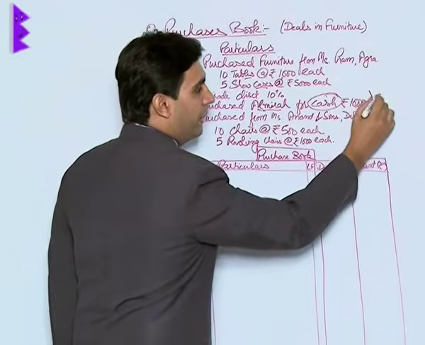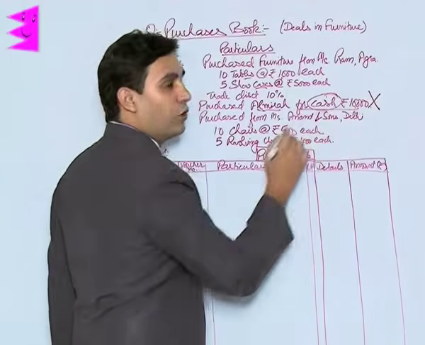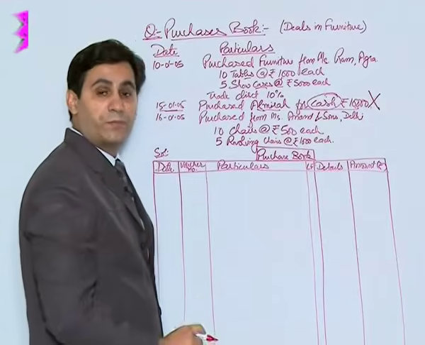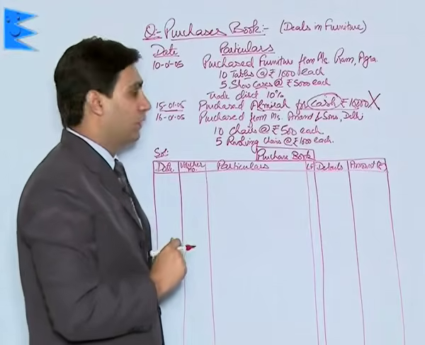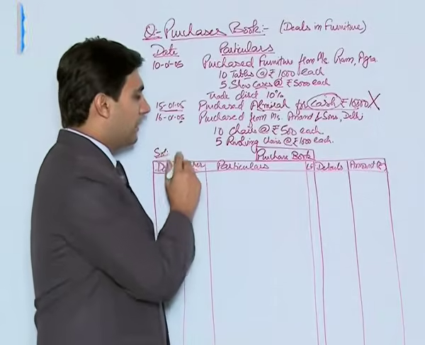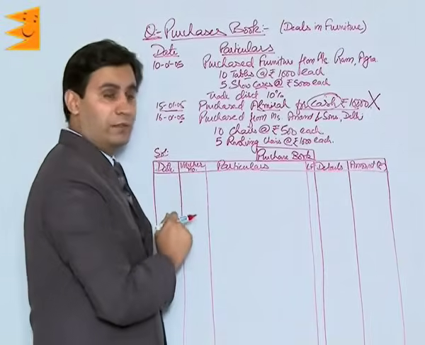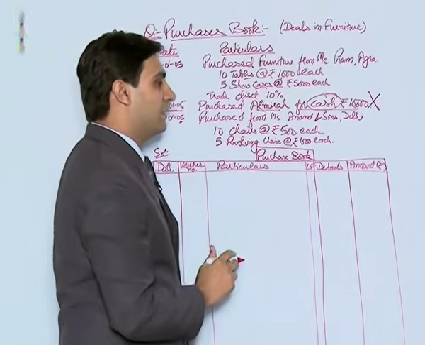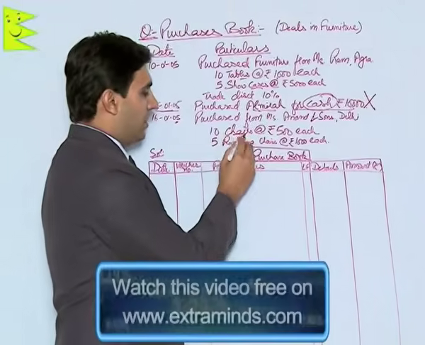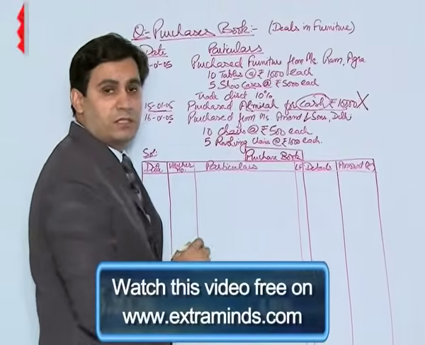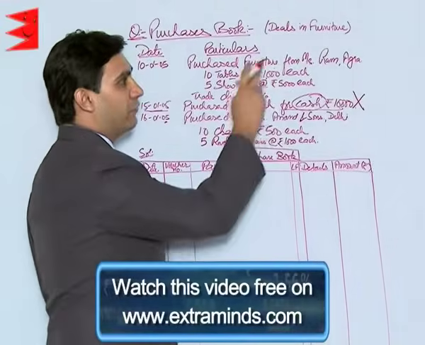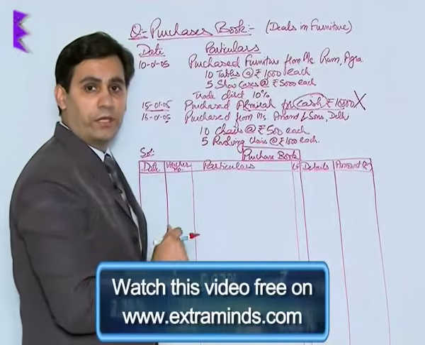So this particular entry will cross out, it will not be recorded in the purchase book. It will go to cash book. Coming to the last date, that is on 16th of January, purchased from Messrs. Anand and Sons, Delhi, 10 chairs and 5 revolving chairs. So both of these can be taken as part of furniture, so it will be recorded.